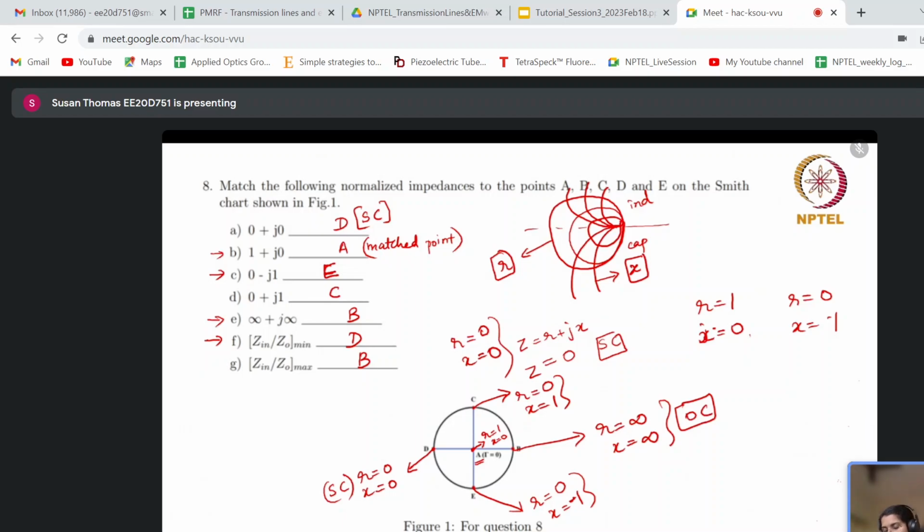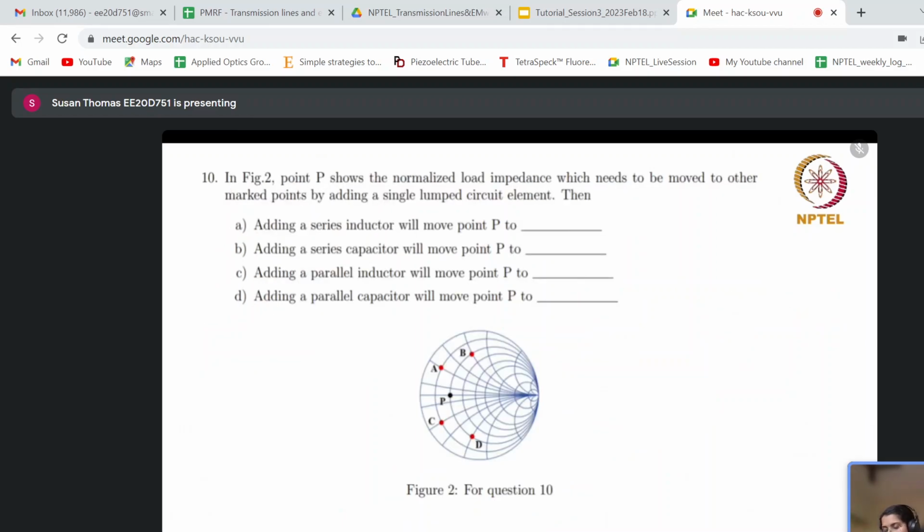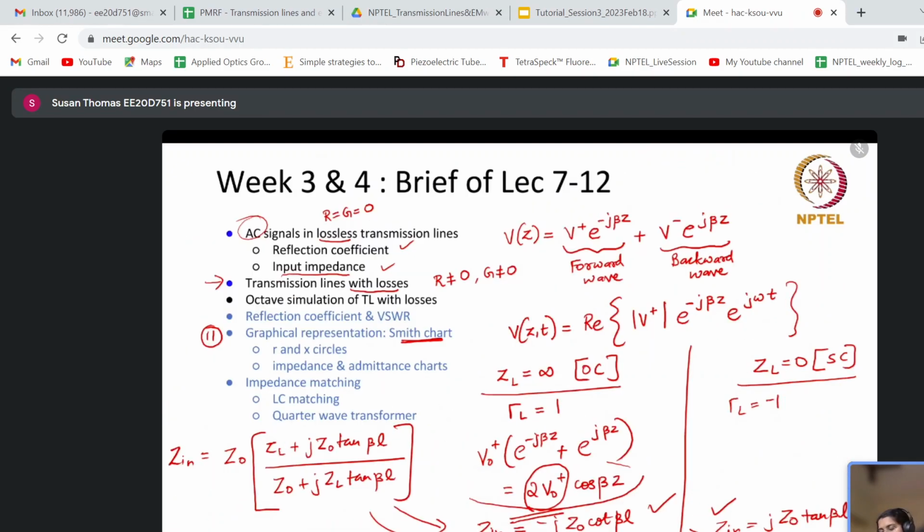Now let's move on to the next question. This question is on the last 12th lecture, which deals with impedance matching using an LC matching circuit.